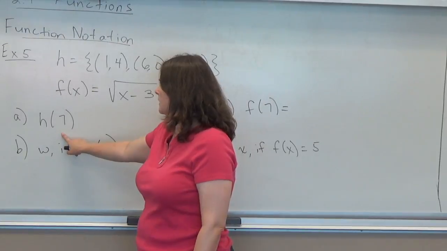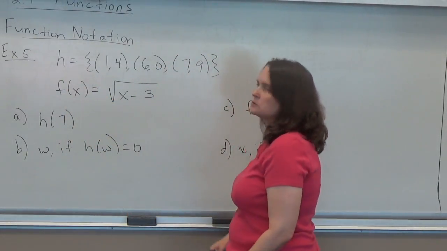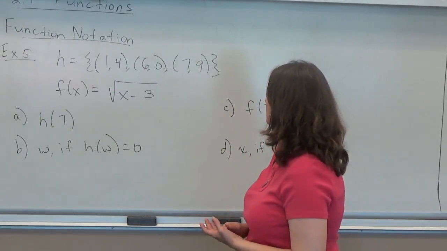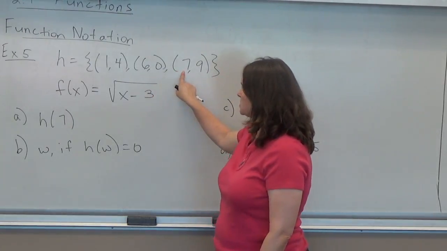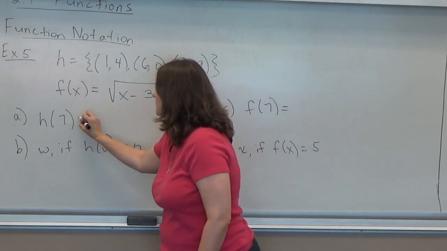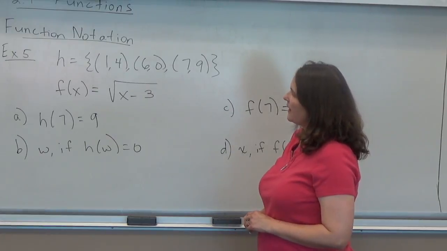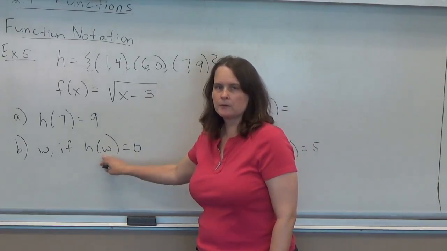So if you go to function h, can you tell me if x equals 7, what is y? If x equals 7, that puts me here, y equals 9. So that's my answer, 9. In part B, we are asked to find w if h of w equals 0.